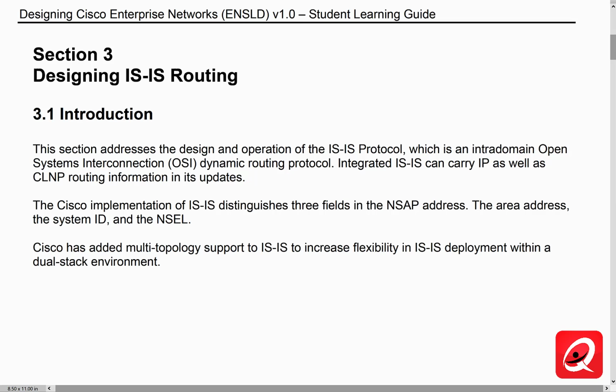We also have multi-topology support. That's nothing really new. EIGRP supports multiple physical and logical topologies. ISIS, of course, is going to do that, being that it is a link state routing protocol. It actually, in this particular case, only supports 2 topologies.